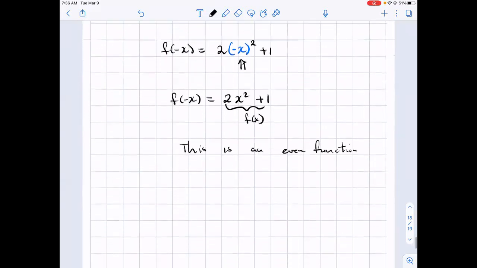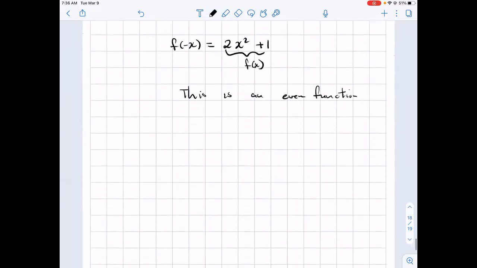Now, not all functions are even functions. Let's look at this example here. Is g of x equals 3x squared minus 2x plus 5 an even function?